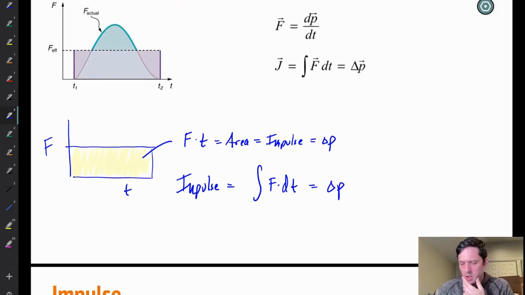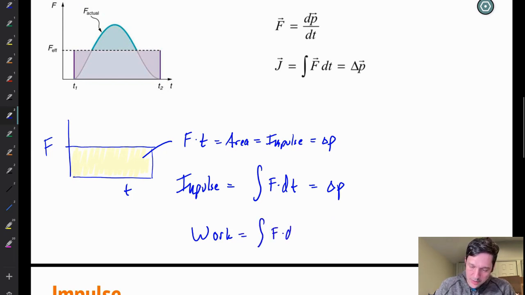Now, if you're thinking this looks somewhat similar to some recent investigations, you're absolutely right. The work done on an object is equal to the integral of the force with respect to position, or displacement, and that would give you the change in kinetic energy. Momentum is mass times velocity. Kinetic energy is 1/2 mv squared.